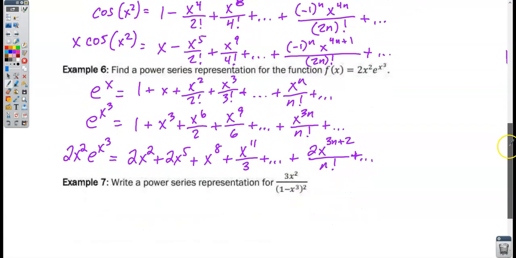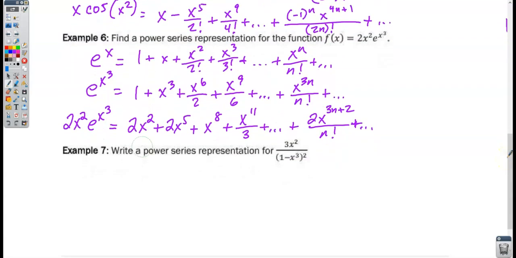One last one. Power series for 3x squared over the quantity 1 minus x cubed quantity squared. There's a couple of different ways we could handle this one. It's important to me, I look at this and I'm like, okay, now, what do I know that's related to this function that I know a series for?